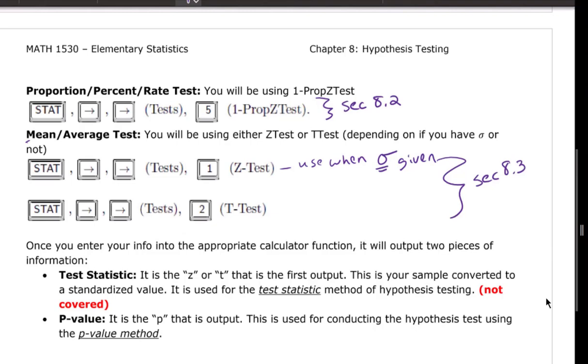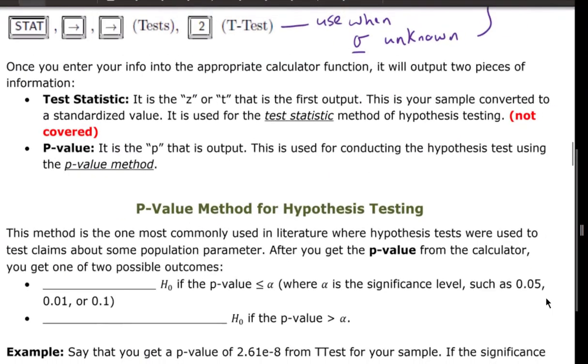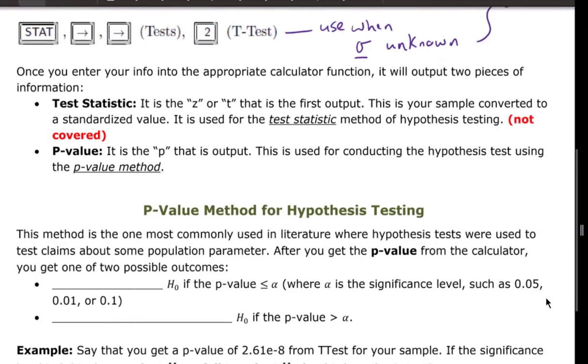I mean, you'd have to collect all the people in the population to figure out what that's going to be. So it's very unlikely you'll use that. I think there might be one problem where you might have to. Most of the time, though, you're going to be using t-test right here. So you want to use this one when sigma is unknown.